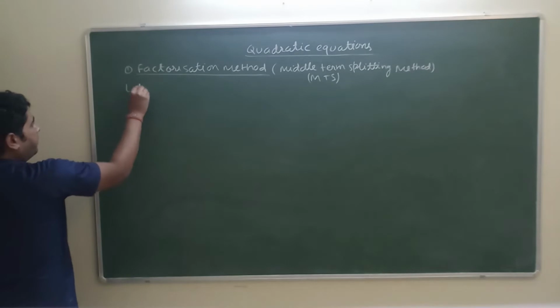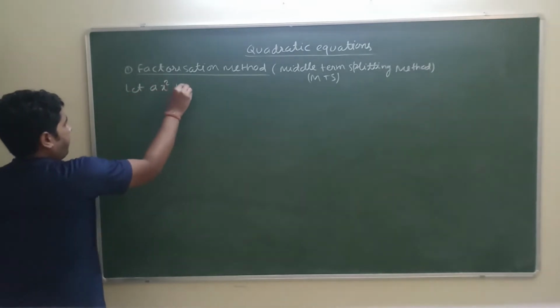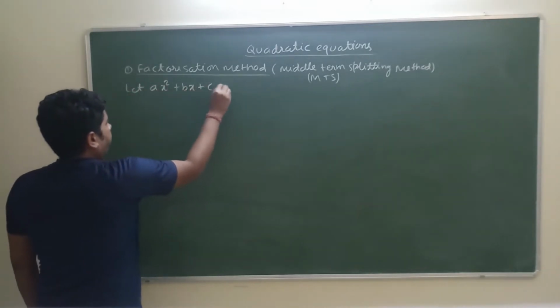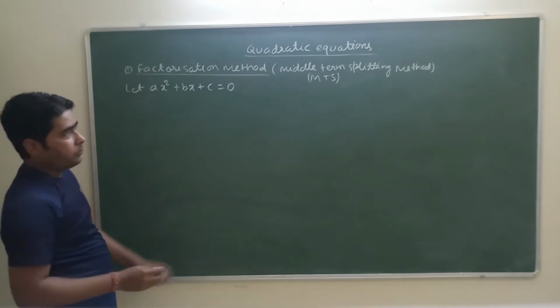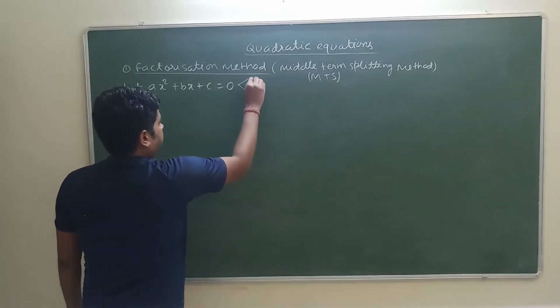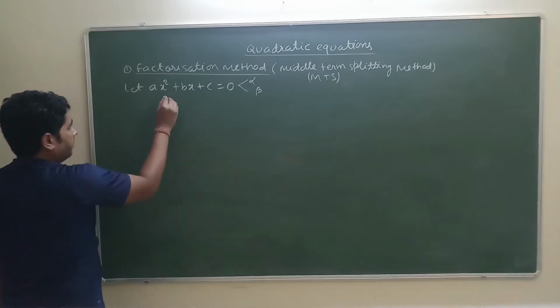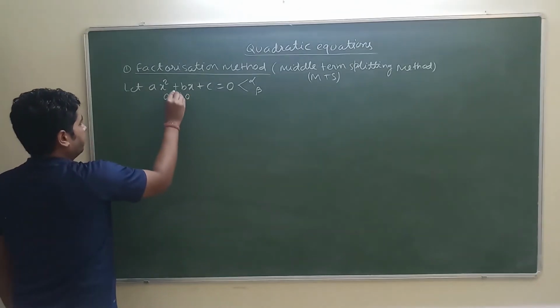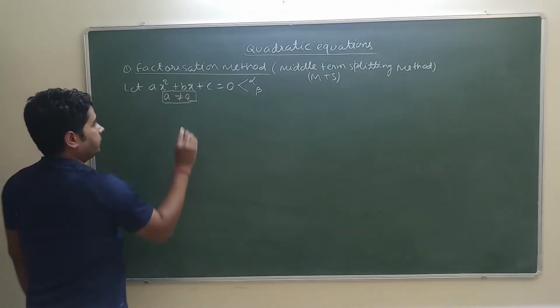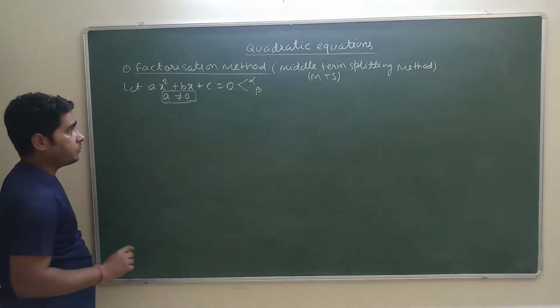Let's take a quadratic equation. Let this be an equation in which the roots are alpha and beta. Leading coefficient is not equal to 0, which we need to consider always while writing any quadratic equation.